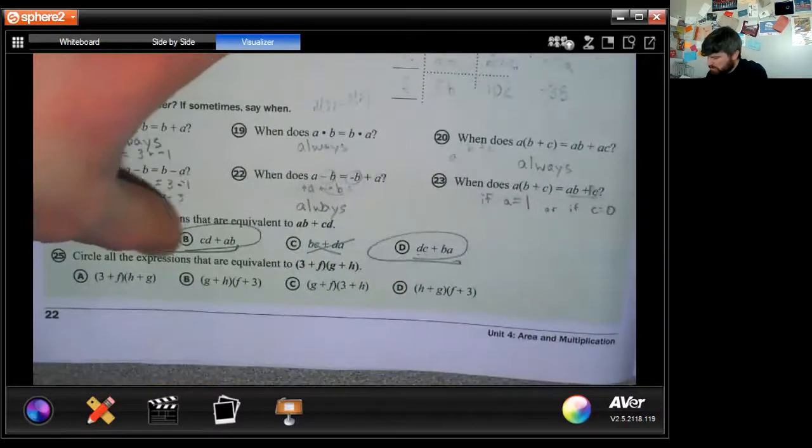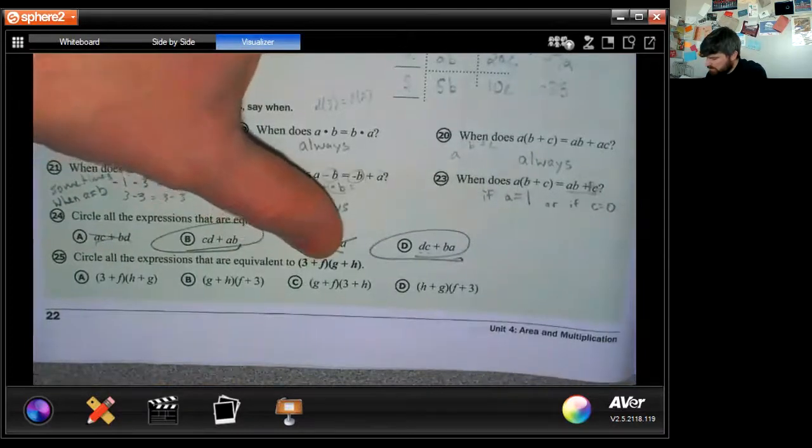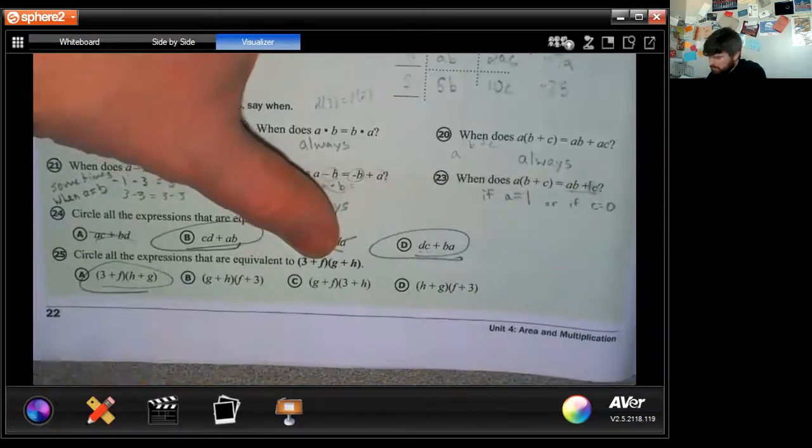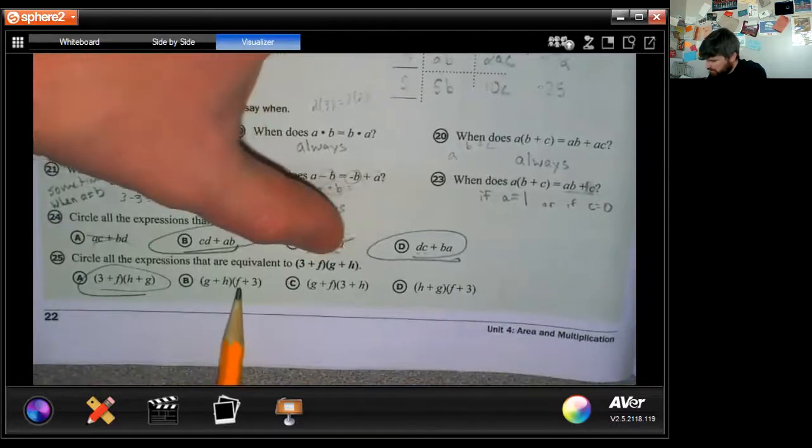Circle all expressions that are equivalent to 3 plus f times g plus h. Okay, so I'm not multiplying anywhere here. So I've got 3 plus f, h plus g. So that one works out. I have g plus h, yep, f plus 3, yep.